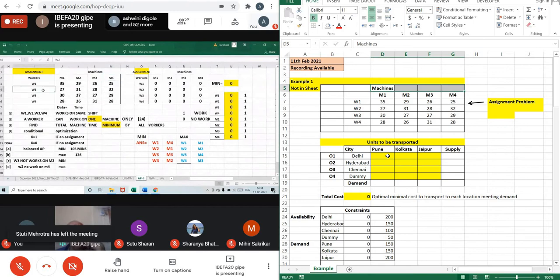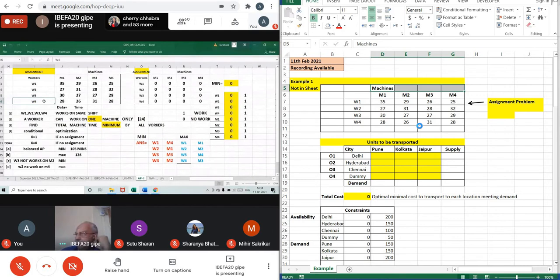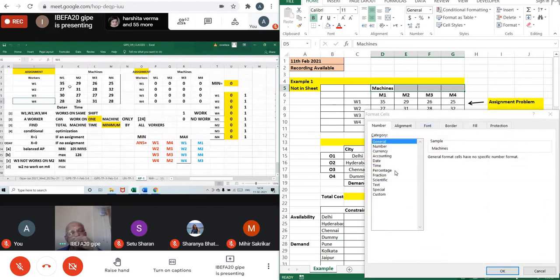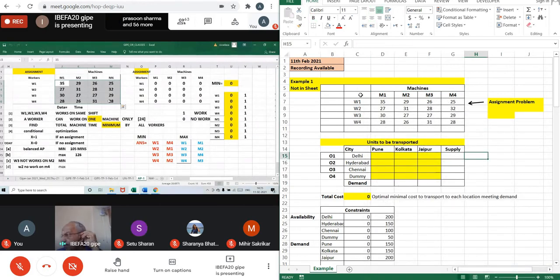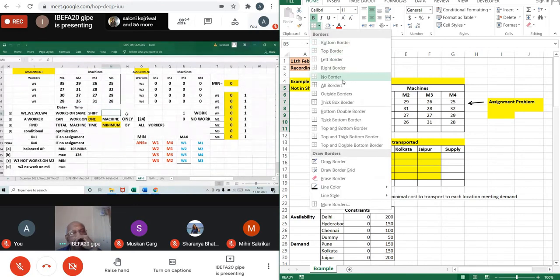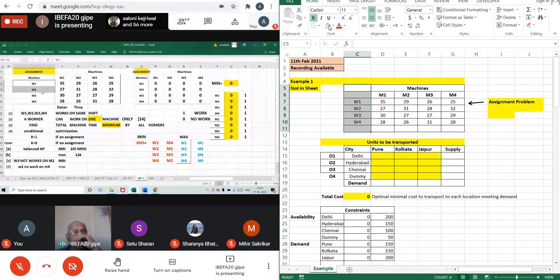Similarly, worker 2, worker 3, worker 4. This is the experienced data by the workers on different machines. Now they are working on a same shift.